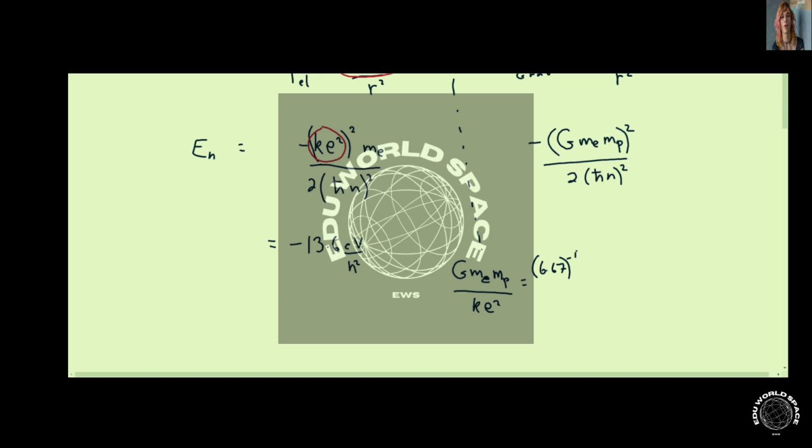So I'm going to put in all the constants in their SI units. Whoops, that should say times 10 to the minus 11. It's just a matter of looking up masses and the strength of gravity in newtons kilogram meter squared per kilogram squared.